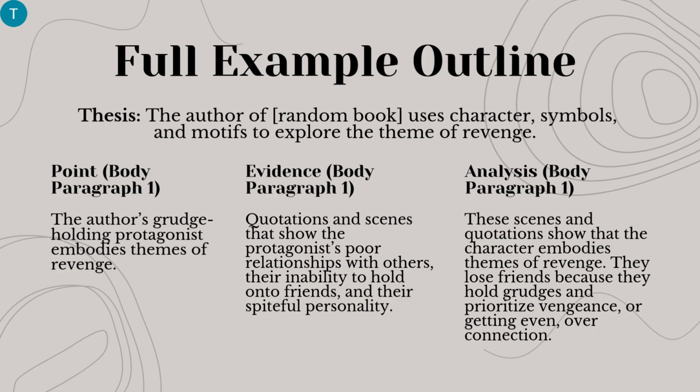Evidence would be the quotations and scenes that show the protagonist's poor relationship with others, their inability to hold onto friends, and their spiteful personality. And the analysis would point at scenes and quotations that show the character embodying these themes of revenge. They lose friends because they hold grudges and prioritize vengeance or getting even over connection.